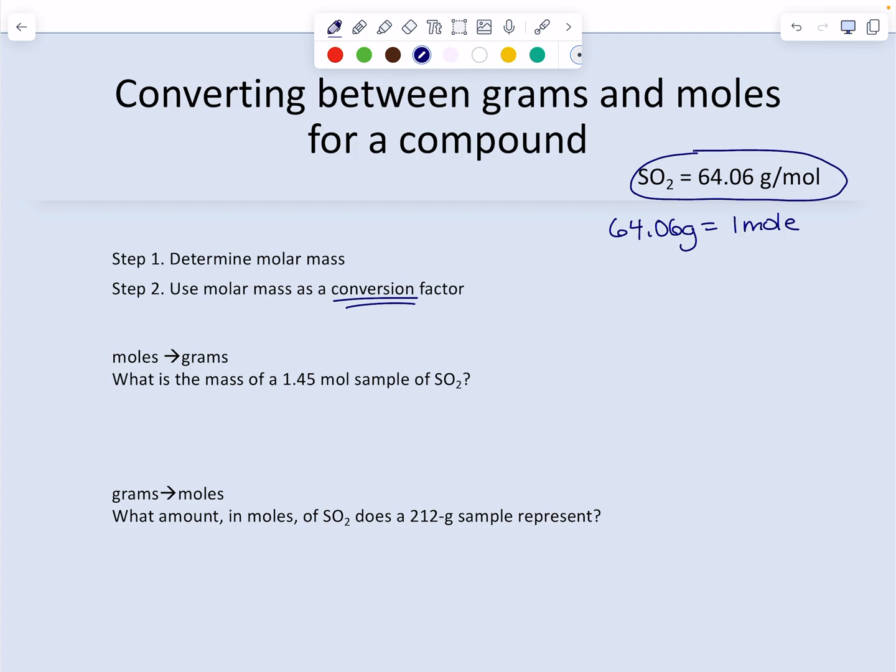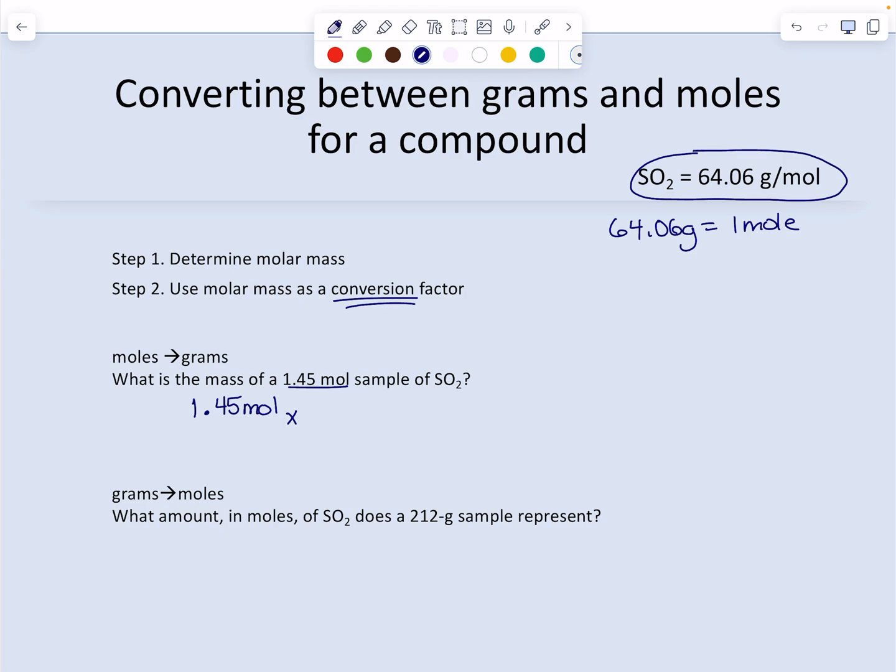When we're going from moles to grams, we have, in this example, 1.45 moles. And just a reminder that the unit mole is spelled MOLE, but when we use it in calculations and in compound units that have more than one part, we just drop the E.